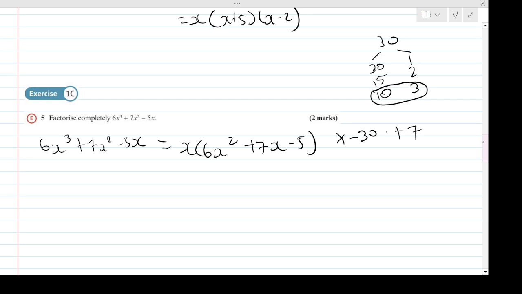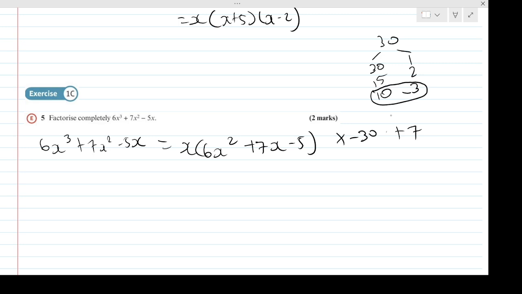But again, now I need to work out the signs of the numbers, because we have a minus 30. I need one of the numbers to be negative, but I need to add to get positive 7. So I need to pick the lower number again to be negative, don't I? To ensure 10 minus 3 is positive 7, so I get a positive when you add, but I get a negative when you multiply.